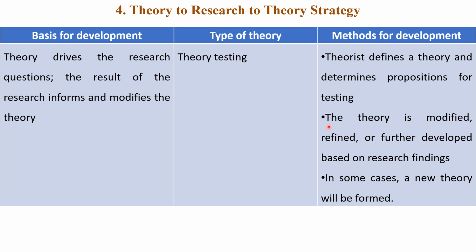Then research is conducted. The theory is modified, refined or further developed based on research findings. In some cases, a new theory itself may be formed, not even refining, through the theory to research to theory strategy. So these are the 4 strategies of theory development.